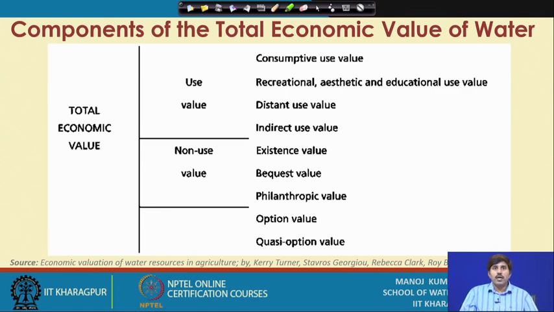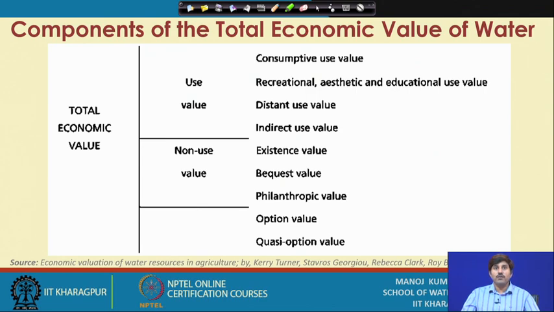Use value could be the consumptive use value, where consumption is being done. Then there are recreational, aesthetic or educational use values, direct use values and indirect use values. Non-use values exist because of its existence itself.